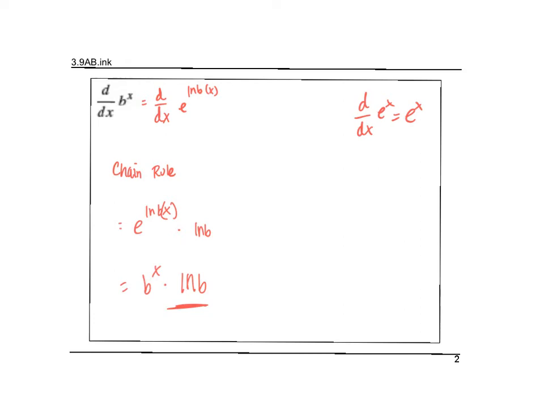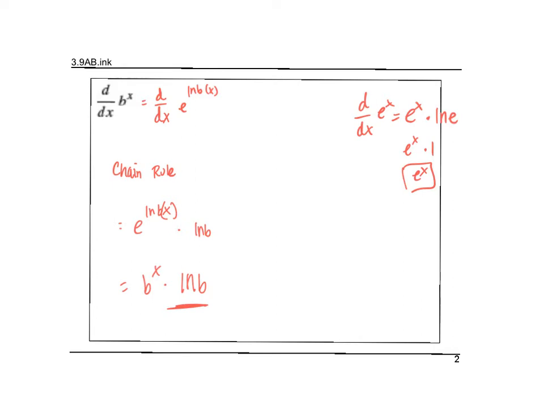We don't need it for our e to the x because ln of e is just equal to 1. So that's why we were shown this rule of e to the x derivative of it early on, because it simply remains exactly the same. With the b to the x, we have to remember to attach through multiplication ln b.